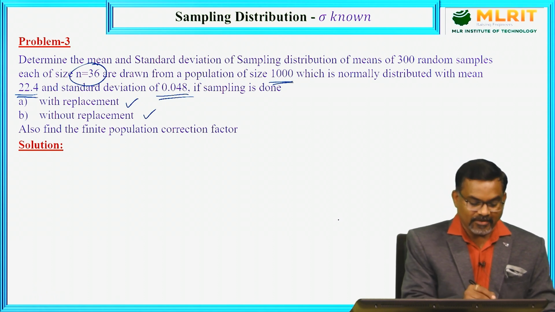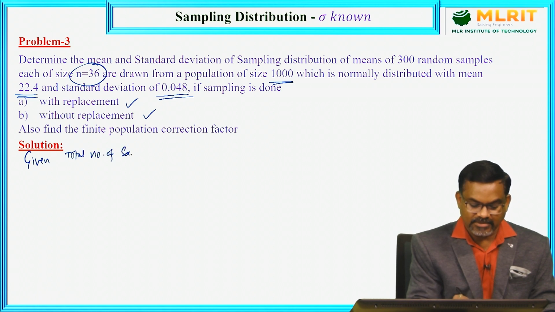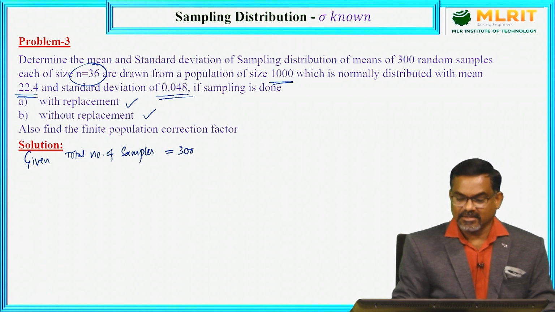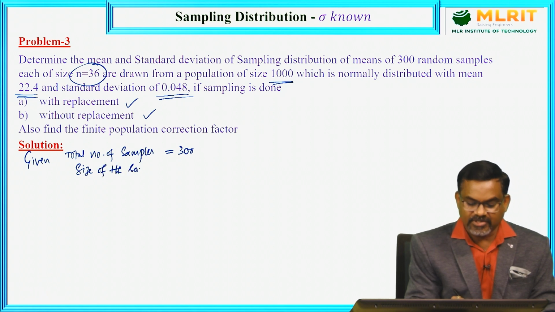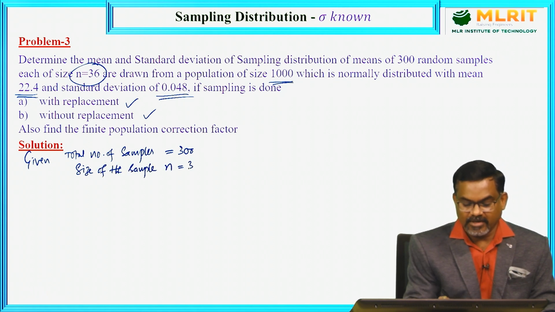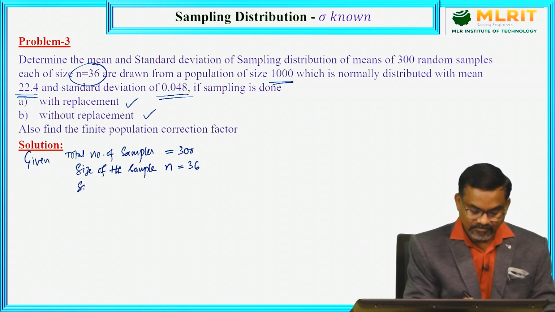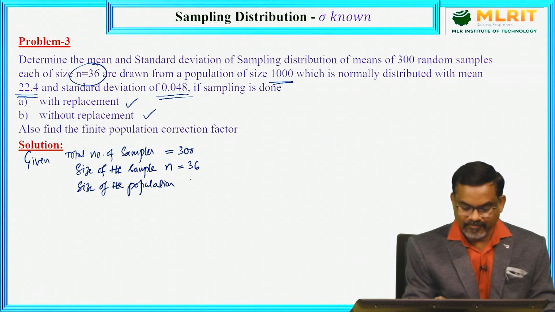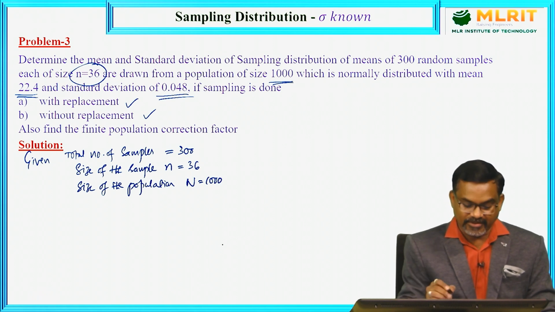Now first, the given data. It is given that the total number of samples is equal to 300, and the size of each sample, denoted by small n, is equal to 36, drawn from a population of size 1000. So the size of the population, capital N, is equal to 1000, which is normally distributed with mean.